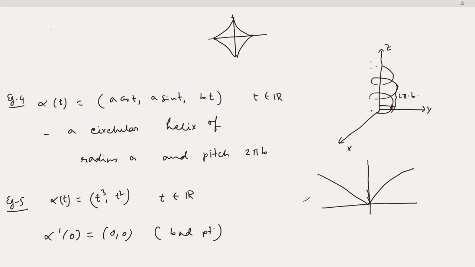And finally we give a non-example. Alpha of t equals (t, absolute value of t).